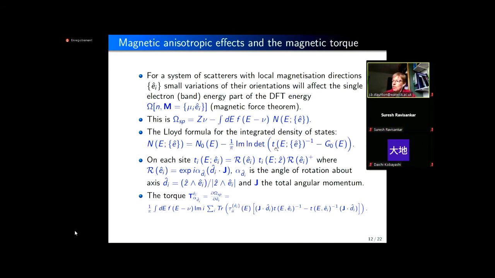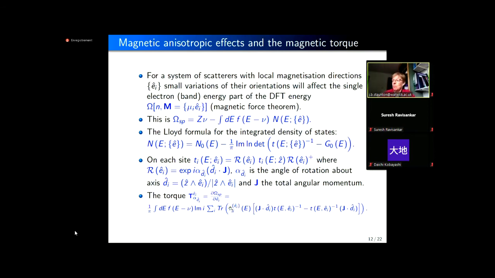And then by using this Lloyd expression and this expression for a T matrix, and basically just looking at the variation of these terms, one gets a closed expression for what the torque is.